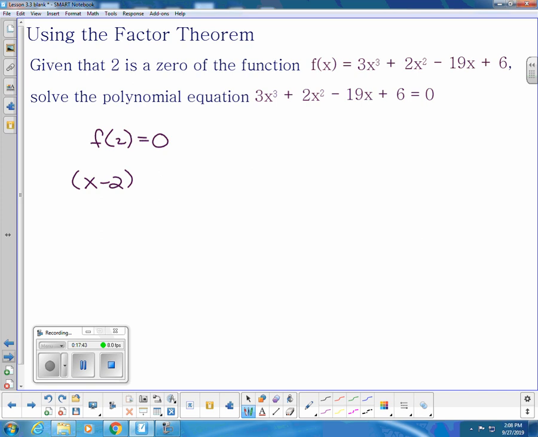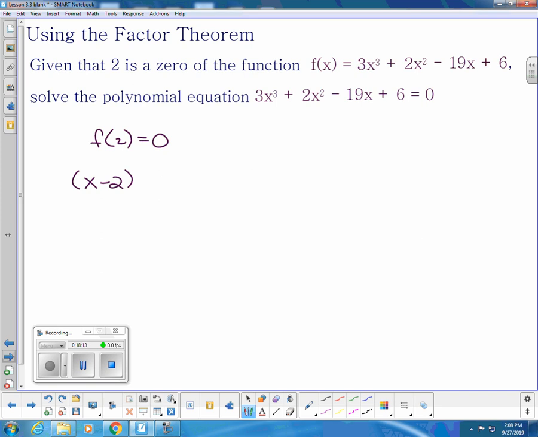Right? Okay. So I know one factor. There's no rule for factoring cubes, unless it's a difference of cubes or a sum of cubes. There's no special rule. I couldn't factor that, and I've been teaching math like forever, right? So in order to factor something like that, you have to have a starting spot. Be given something to start with. So we know that 2 is a 0. They gave me a hint. So I know x minus 2 is a factor.